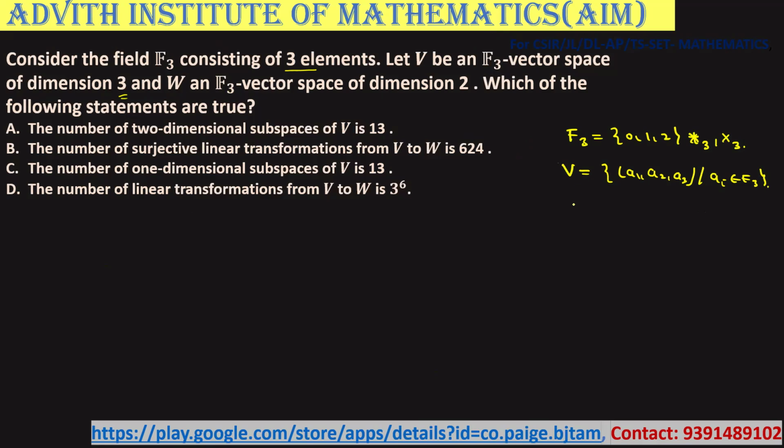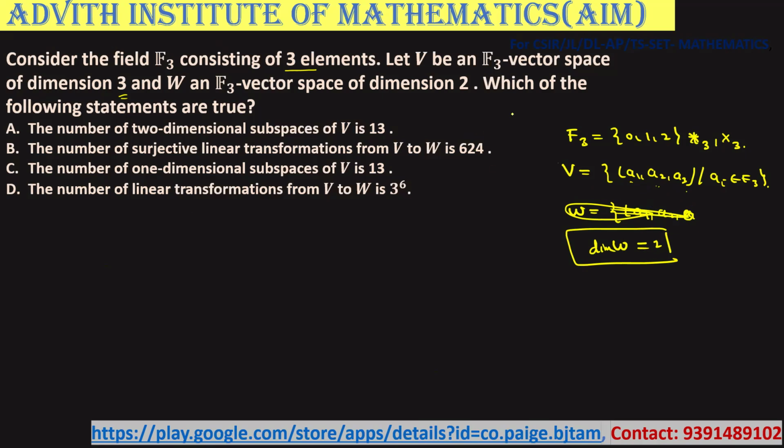And W is a vector space of dimension 2. Suppose it is A1, A2, 0, so its dimension is 2. W is a subspace of V of dimension 2. It could be any formula, either A1 equal to A2 or A2 equal to A3, anything. Its particular form we do not know.